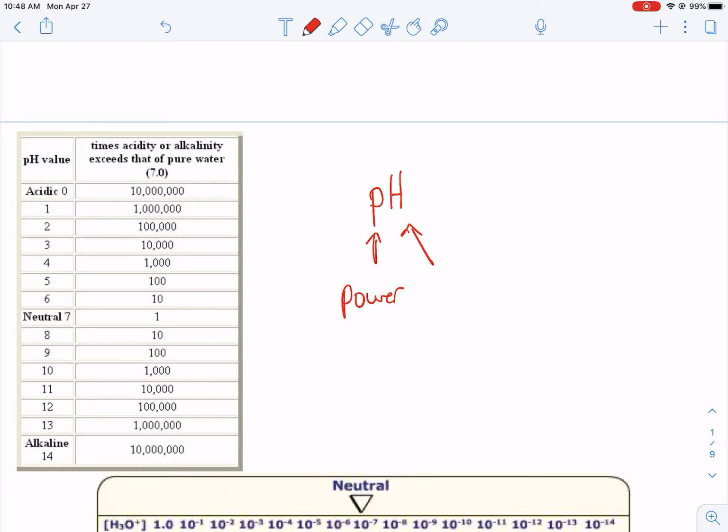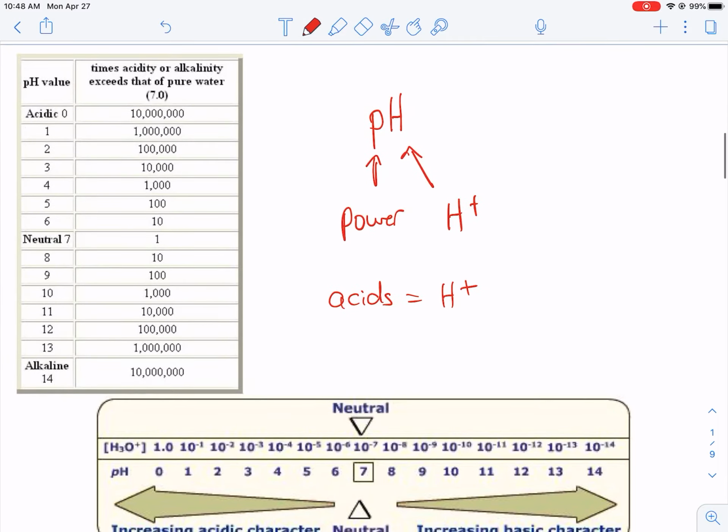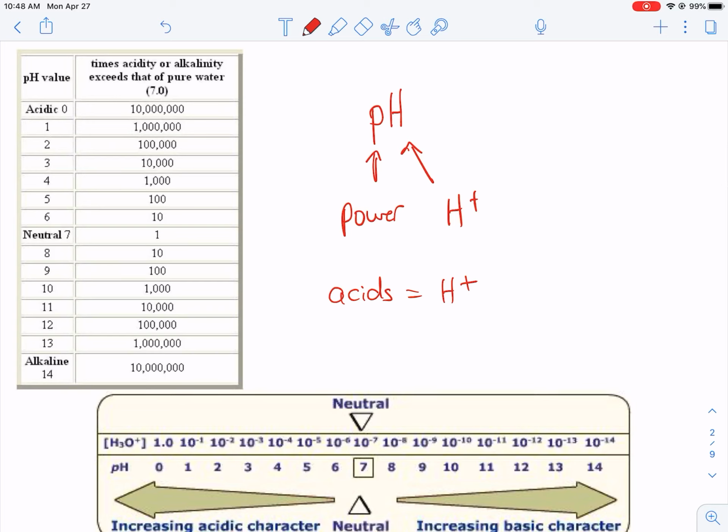And the H stands for H+, because remember, in most of our definitions, whether it's the Arrhenius or the Bronsted-Lowry, we know that acids donate H+.